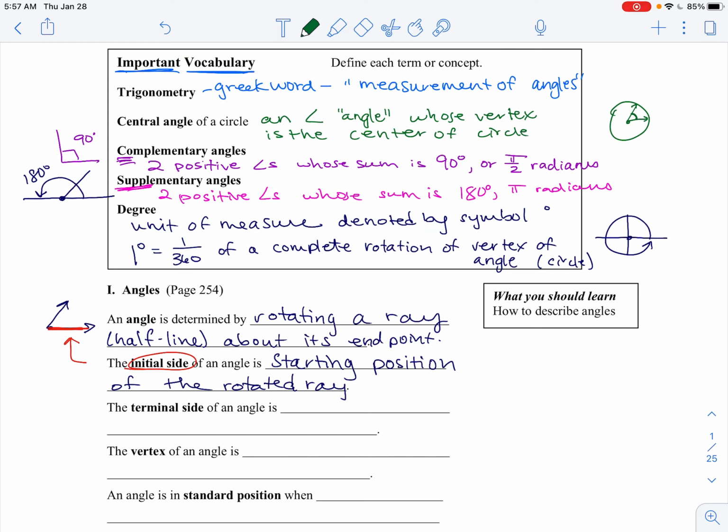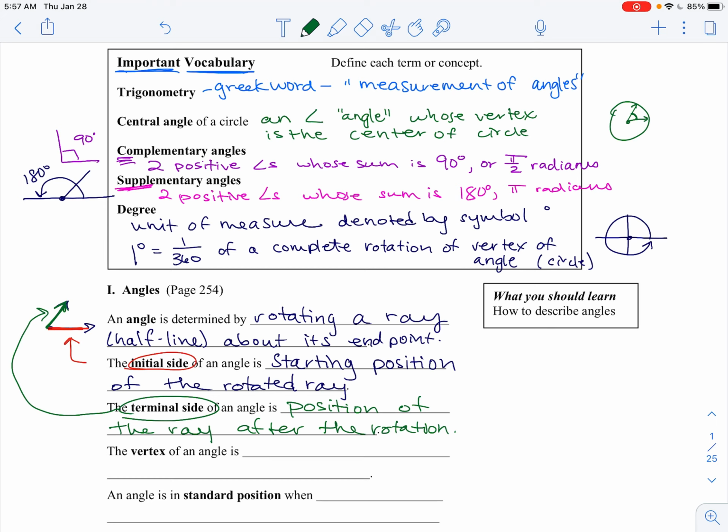The terminal side, after the rotation of the ray, is the position of the ray after the rotation. Basically, it's the end of the angle right here, which is why we call it the terminal side.